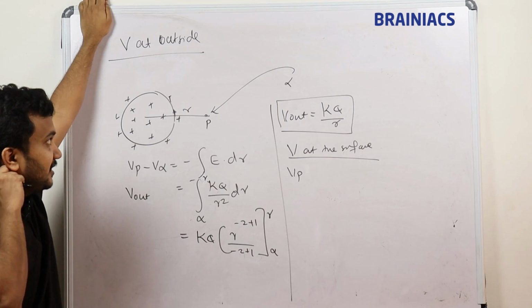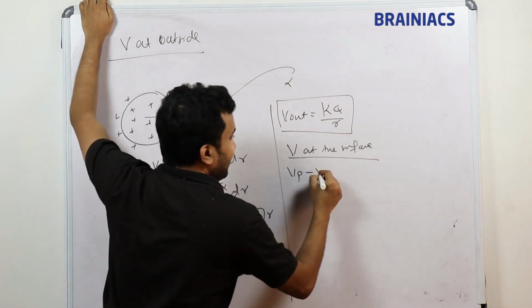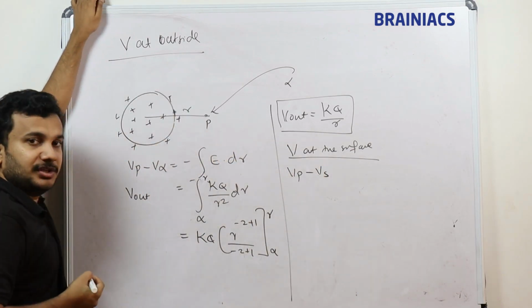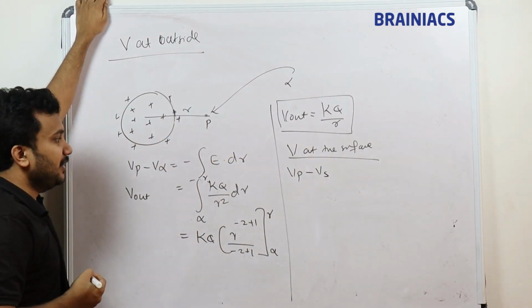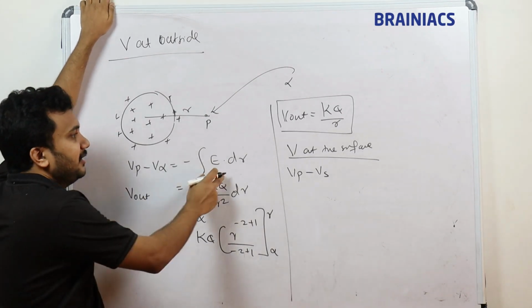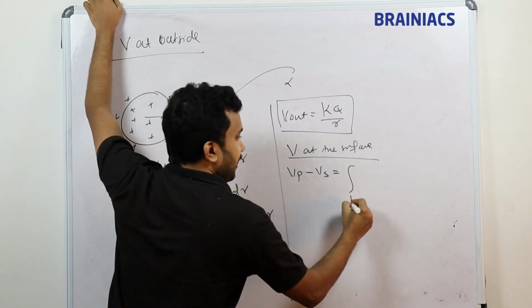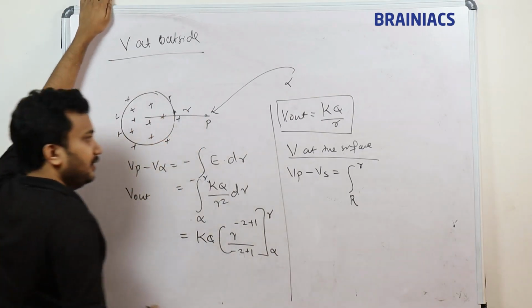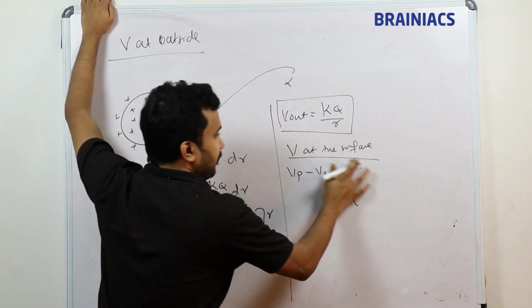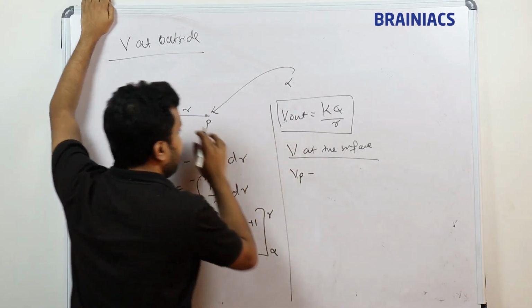So Vp minus V surface will be equal to the integral of the electric field intensity, and we will integrate. From capital R to small letter r, if you are taking the surface point. At the surface point means Vp minus V at the surface.